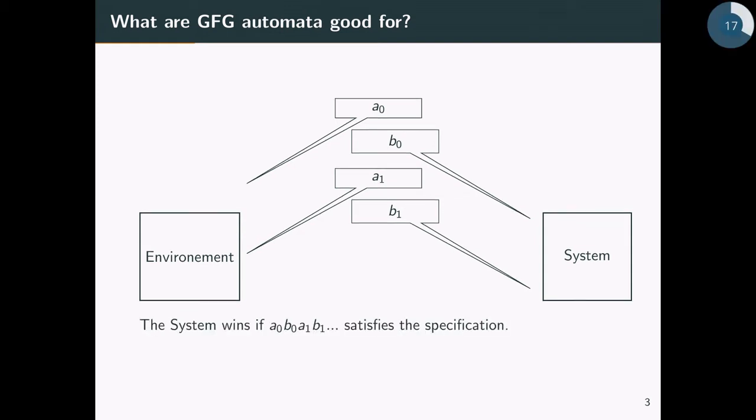We then say that the system wins this game if this global behavior, represented by this infinite word, satisfies a specification. So we have a specification that gives us our winning condition.